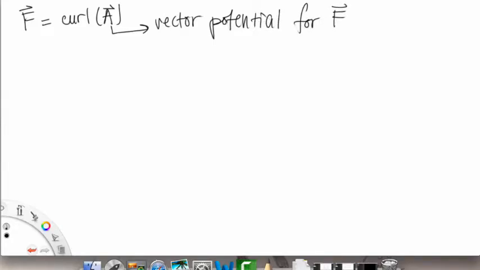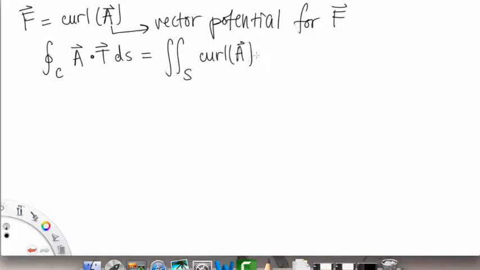What this signifies is that if we apply Stokes' theorem and take the line integral over some curve of A dot t, then Stokes' theorem says it's equal to the surface integral over S of the curl of A dotted with the normal vector, dS.